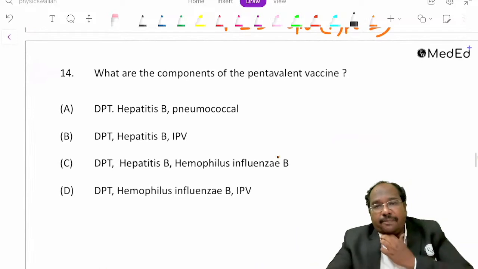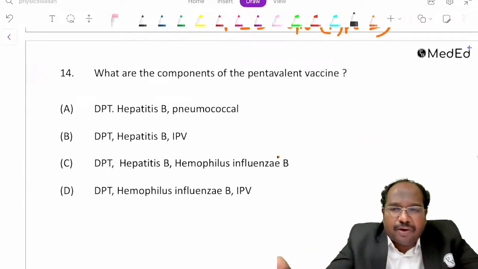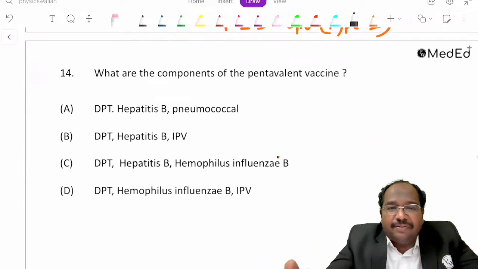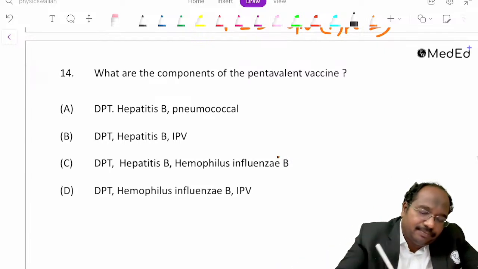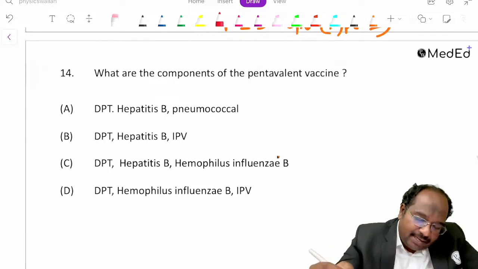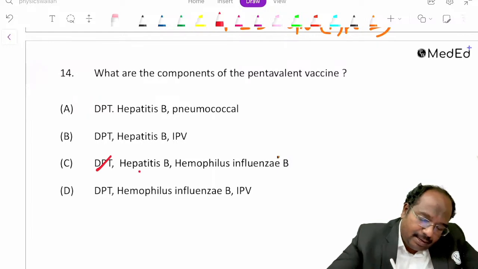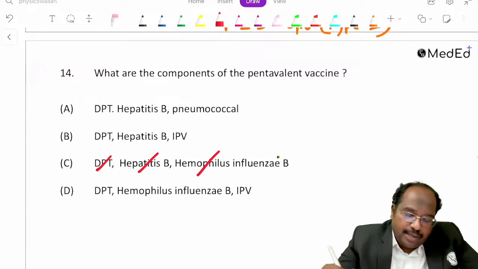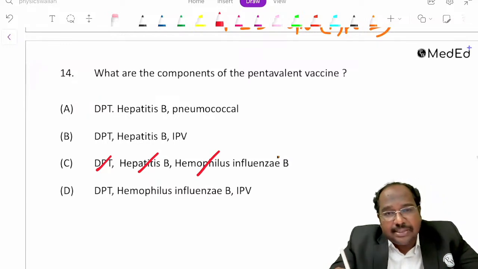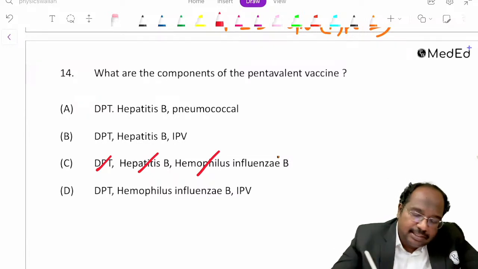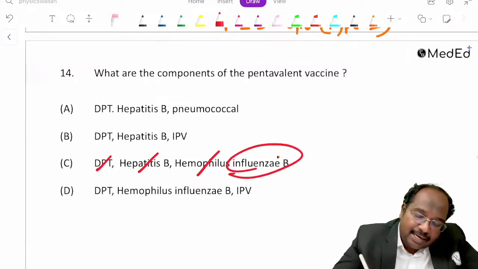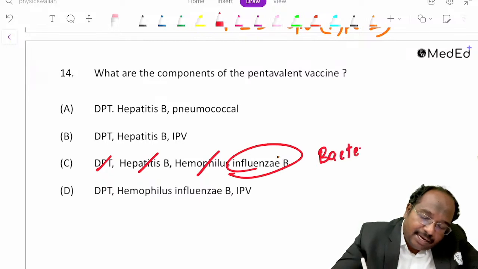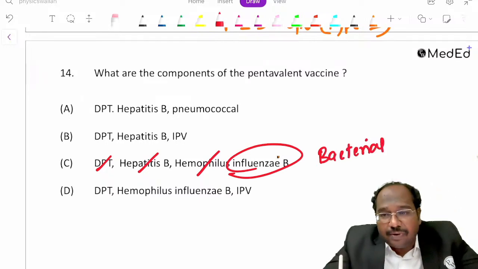What are the components of pentavalent vaccine? This is a straightforward question. Every exam will have this simple type of question. Pentavalent is DPT, hepatitis B, and H influenza B: diphtheria, pertussis, tetanus, hepatitis B, and H influenza B. Remember that it covers bacterial conditions.